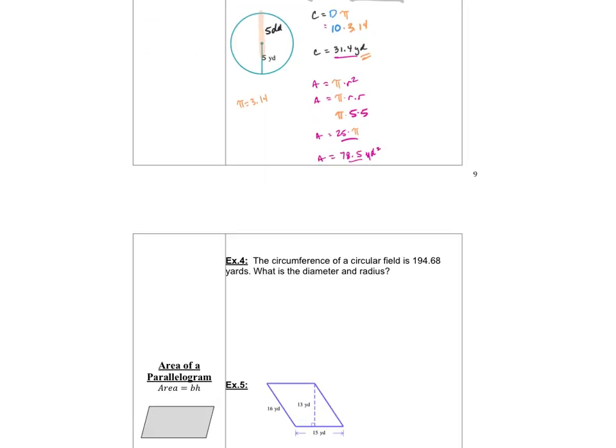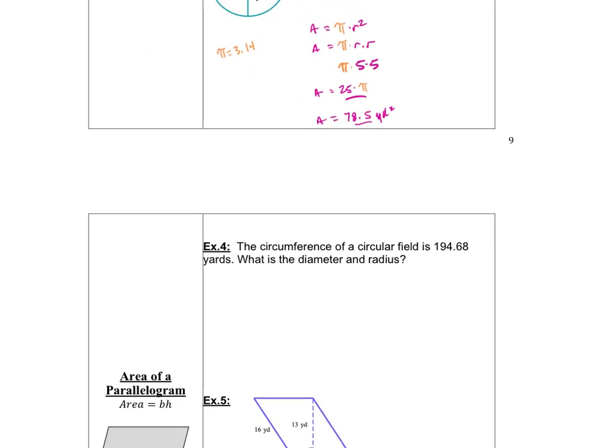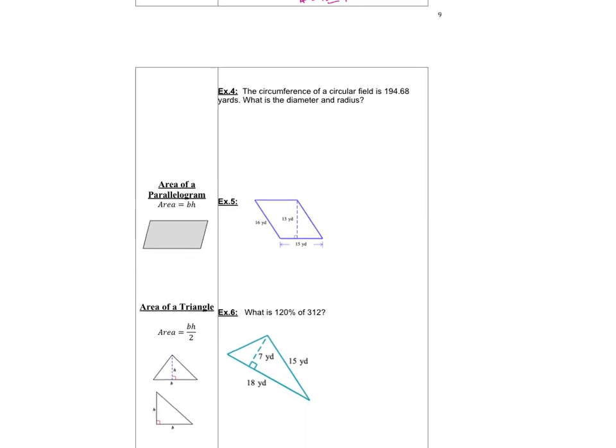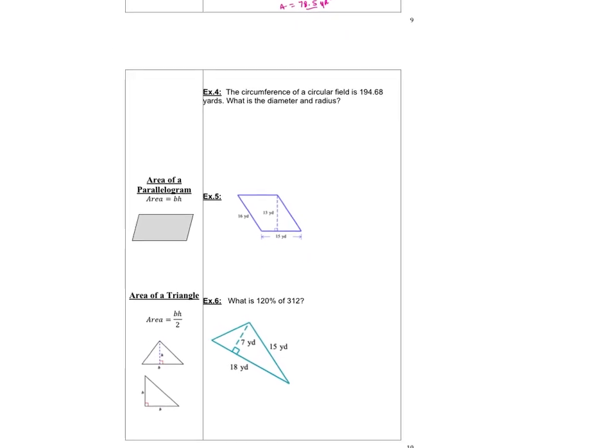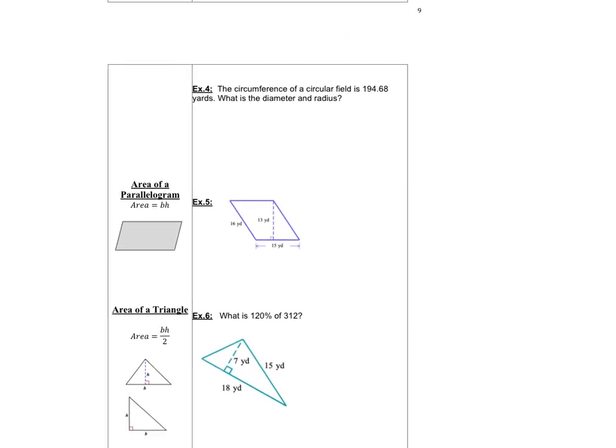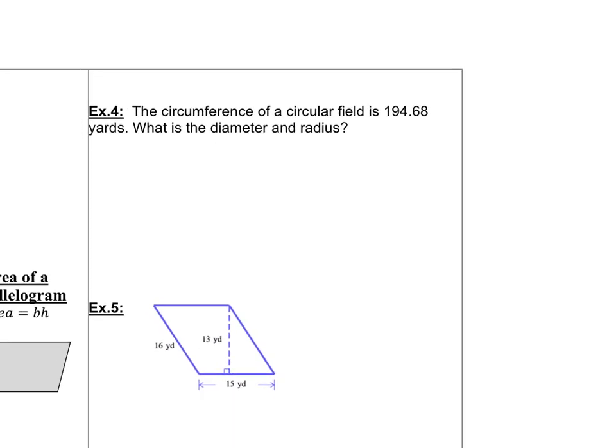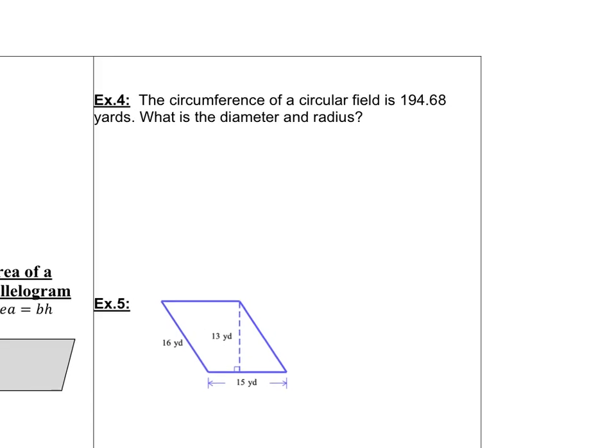The last thing we have on here is we want to review a couple of things. You have some review problems that we'll have you do on your own, then come to class and probably talk about them as bell ringers, or something similar. But then this one right here: the circumference of a circular field is 194.68 yards. What's the diameter and the radius?